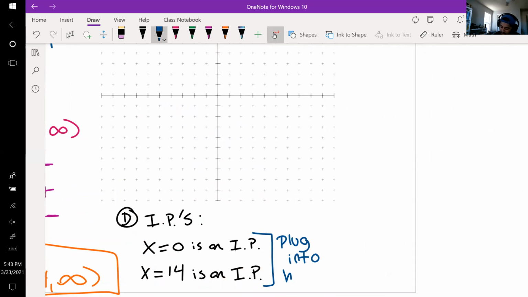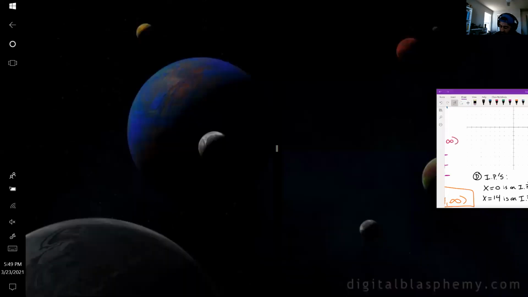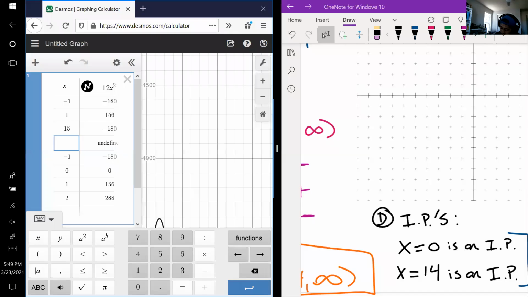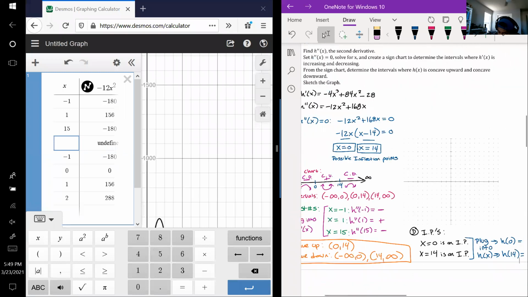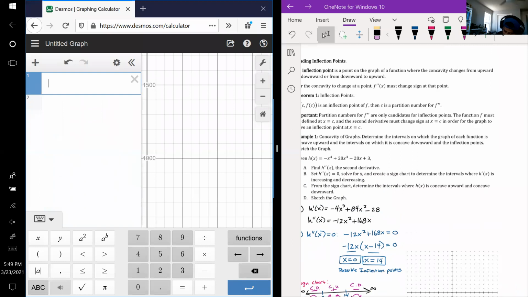So we'll get h of 0 and h of 14. All right, and back to Desmos. I need the original function as well. So let me get that original function that's up there and type it in.